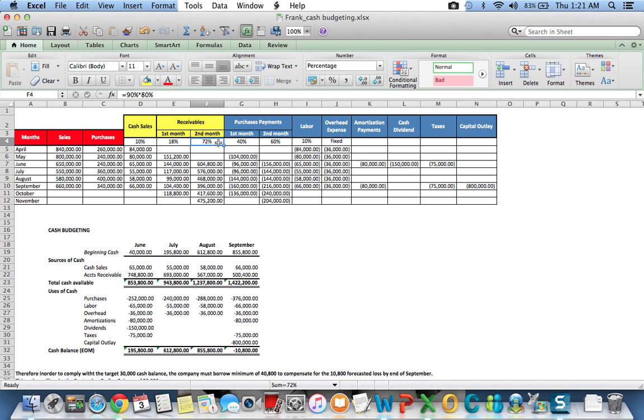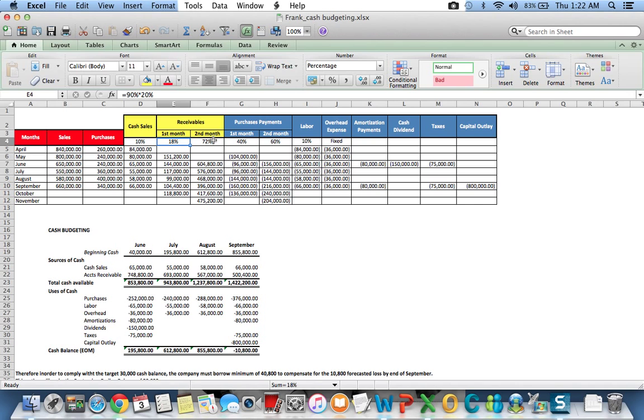And 90% times 80% is equal to 72% of the sales. Therefore, monthly credit sales or receivables is equal to monthly sales times 18% and 72% respectively.